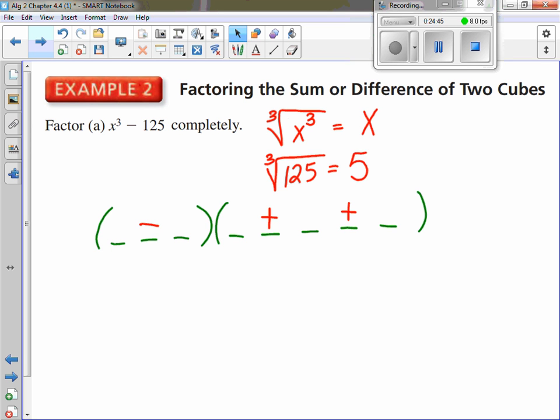Okay. Let's plug in A. So our A term was the x. So it's going to be x squared, x, no x.